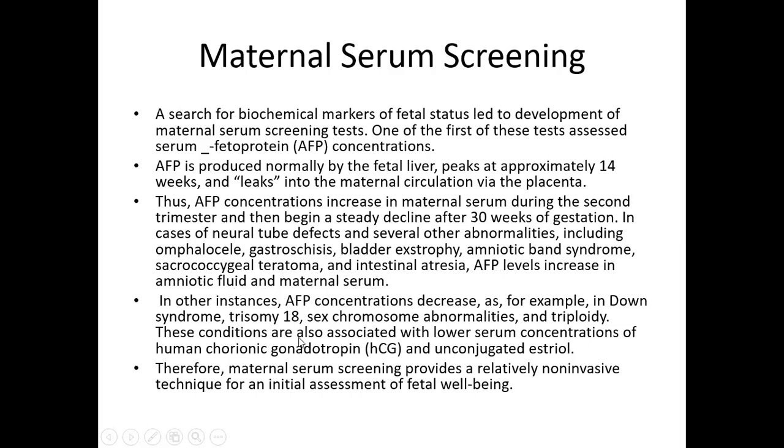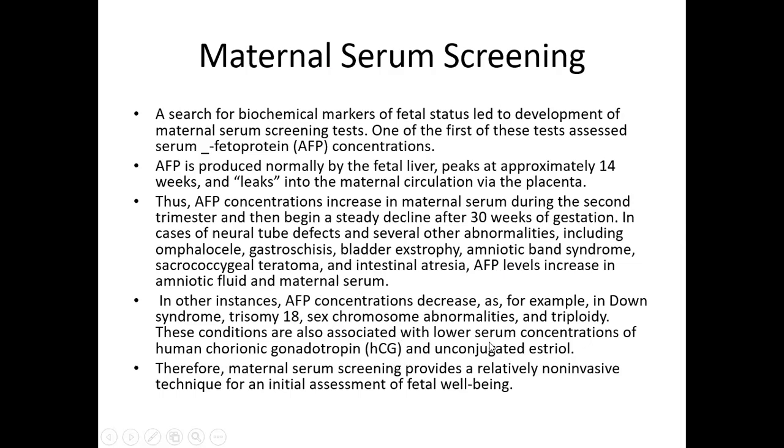In other instances like Down syndrome, trisomy, there is a low level of alpha fetoprotein. These conditions are also associated with lower serum concentrations of human chorionic gonadotropin and unconjugated estriol.